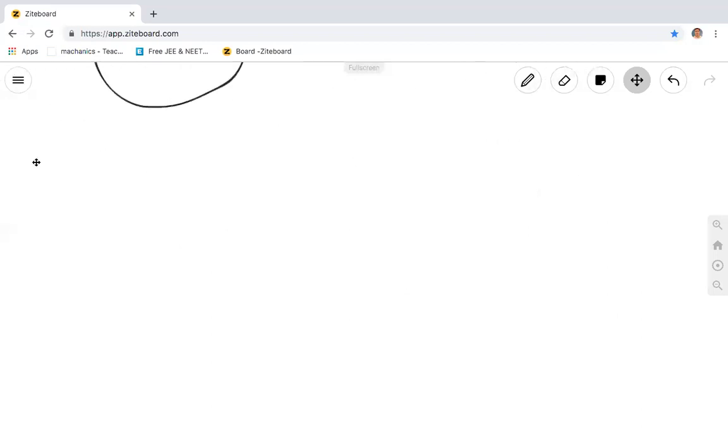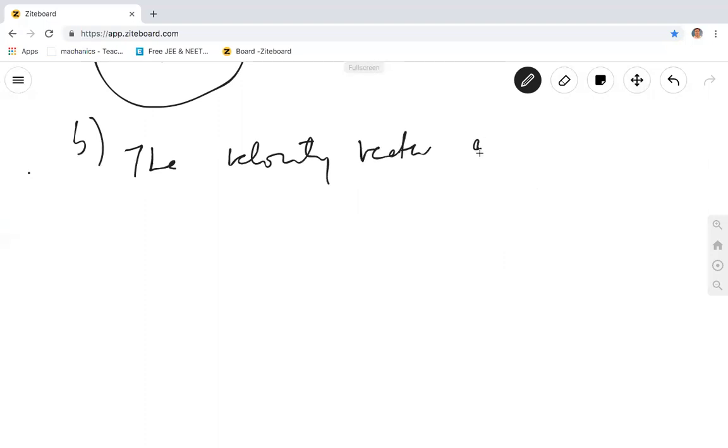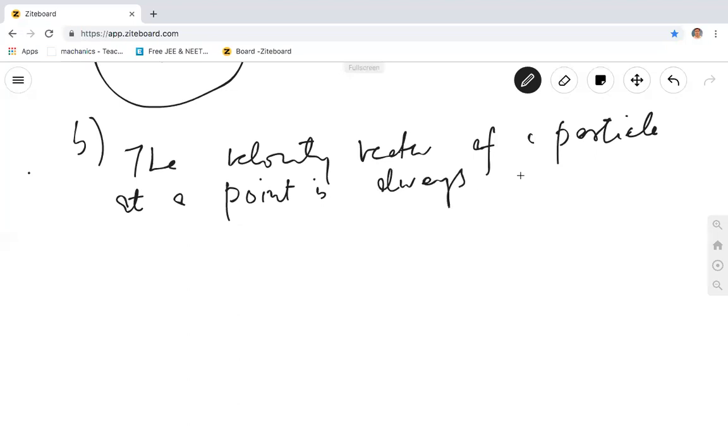Second statement: the velocity vector of a particle at a point is always along the tangent to the path at that point.